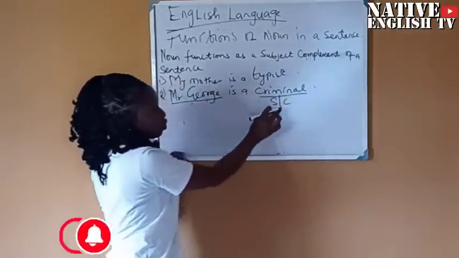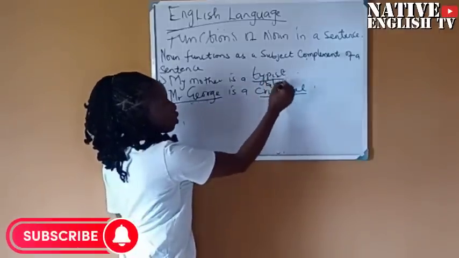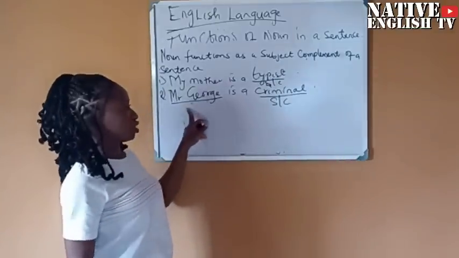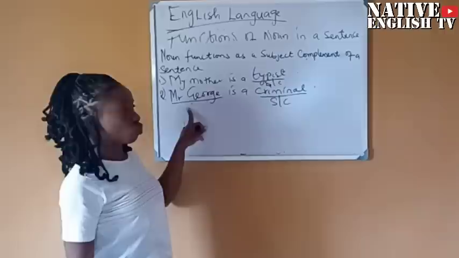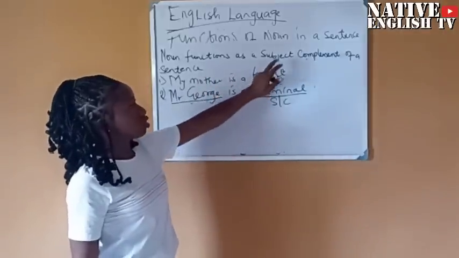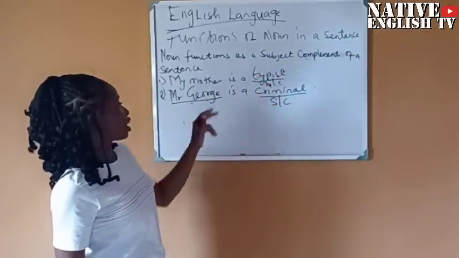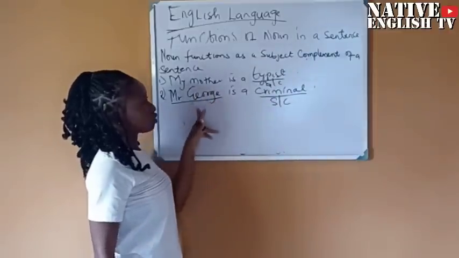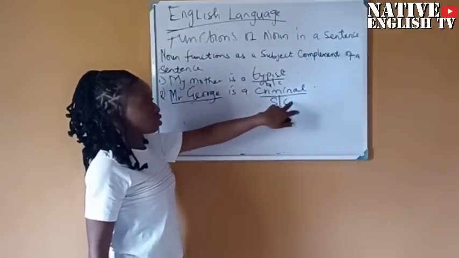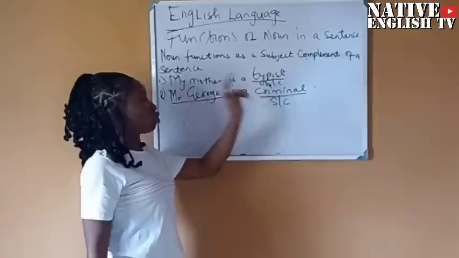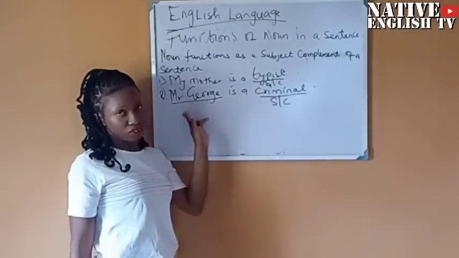Subject complement. It tells us more about the what? Mr. Judge. So when you say a noun functions as subject complement of a sentence, it simply means that the subject complement tells us more about the subject.